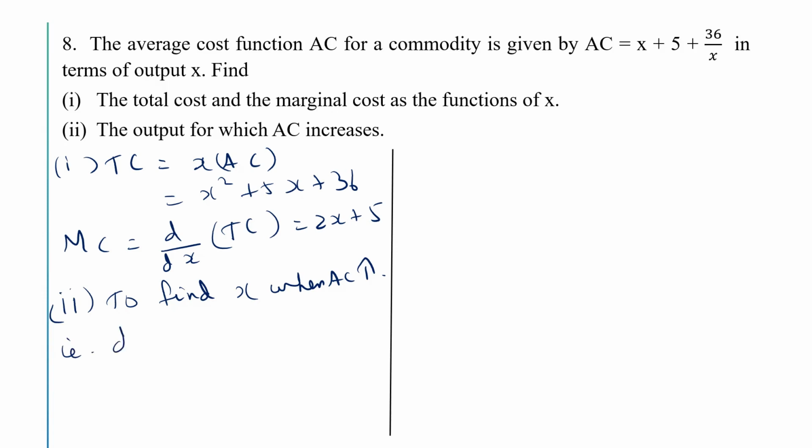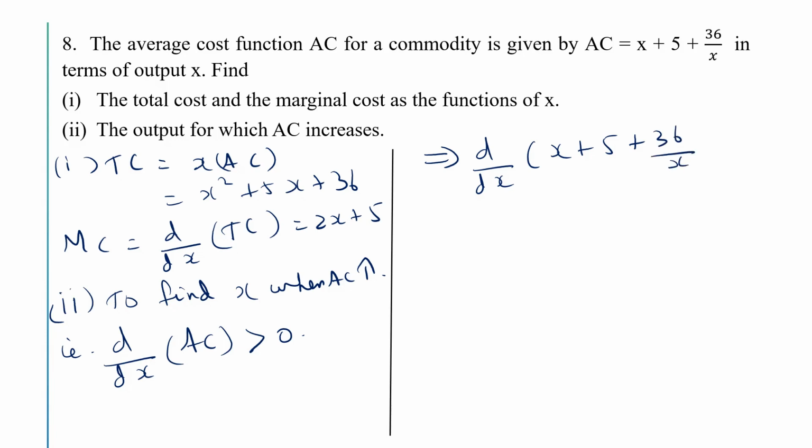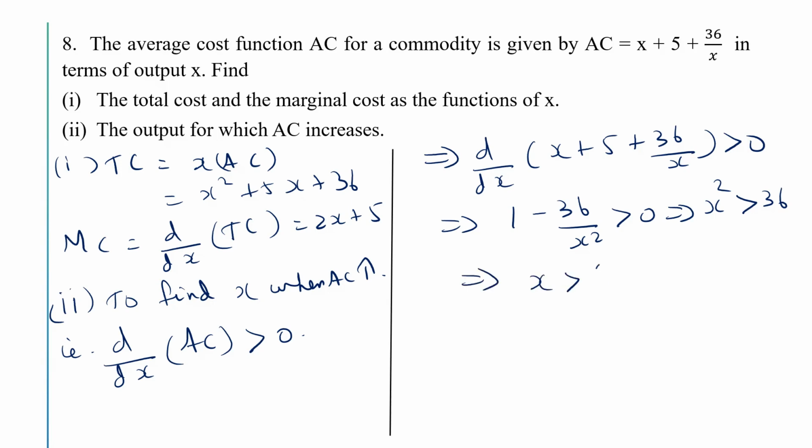That is d by dx of average cost is greater than 0, implies derivative of average cost x plus 5 plus 36 by x is greater than 0, or 1 minus 36 by x square greater than 0, which means x square greater than 36. So x greater than 6 is the required output.